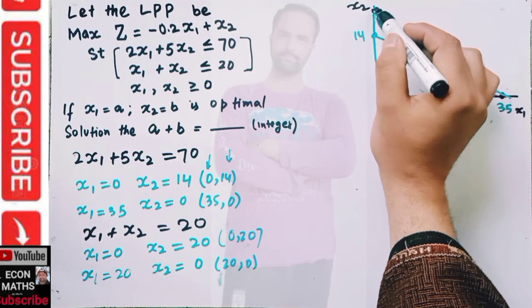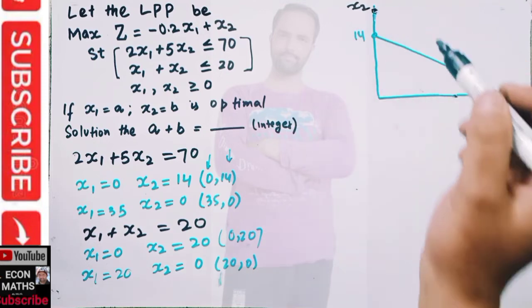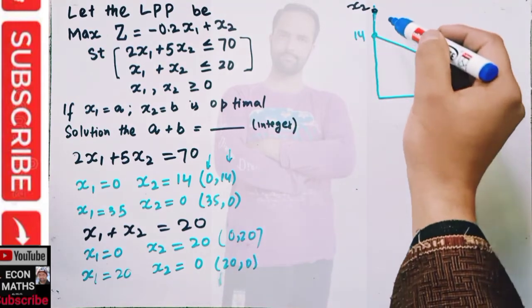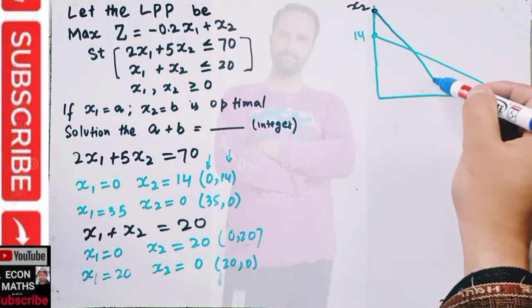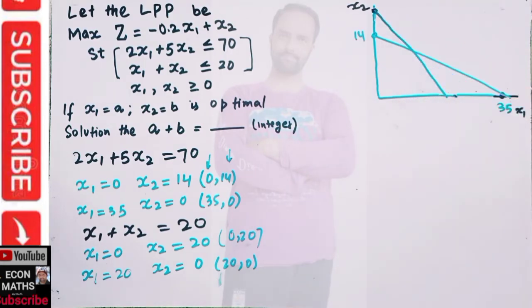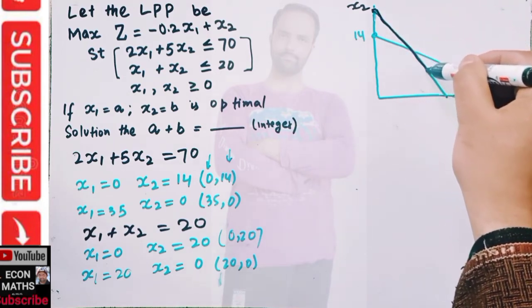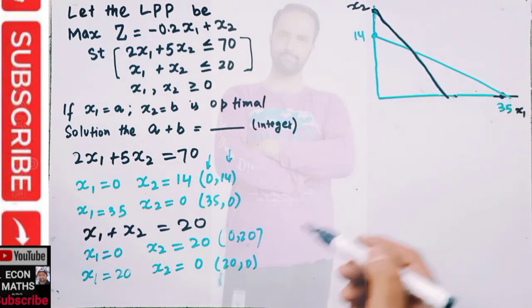Let us say this is the point 0, 20, then we have 20, 0. So this will look like this. I should have drawn it with another color. Okay, so we have here 20.